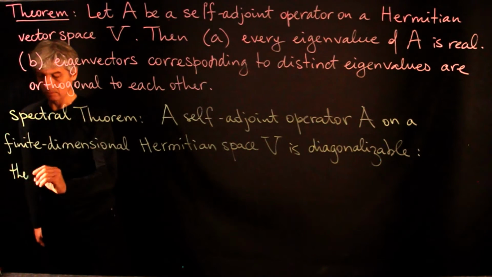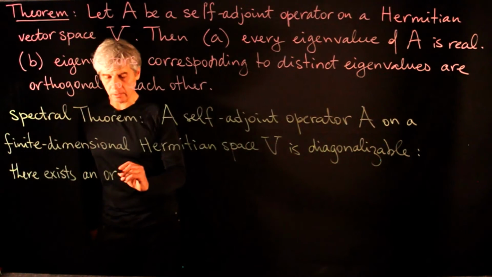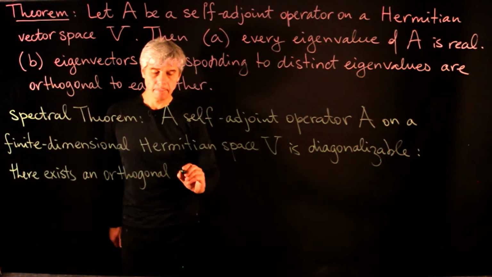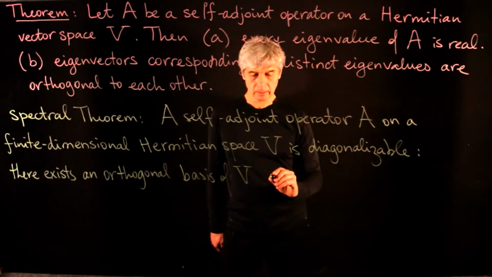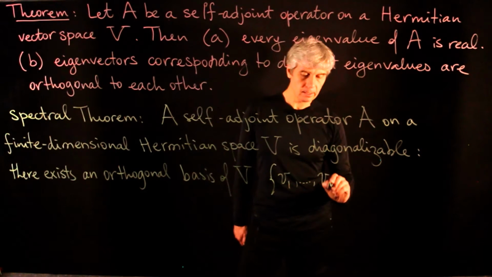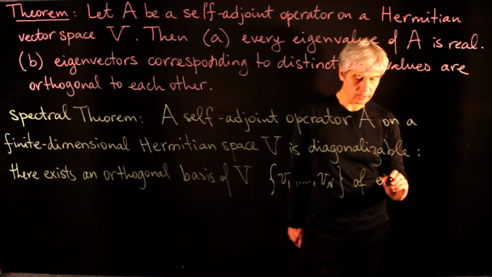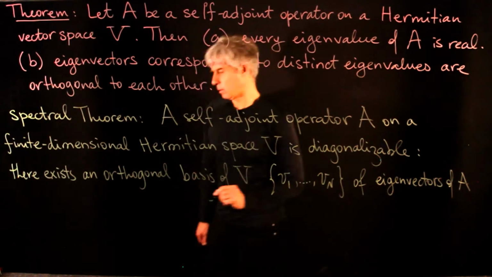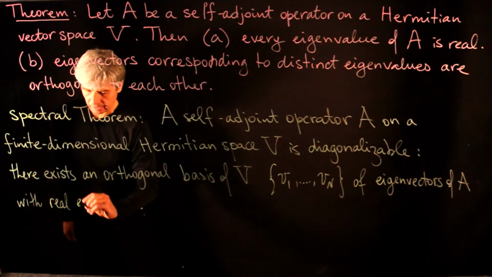So there exists an orthogonal, or even orthonormal, basis of V, say V1 through Vn, of eigenvectors of A with real eigenvalues.